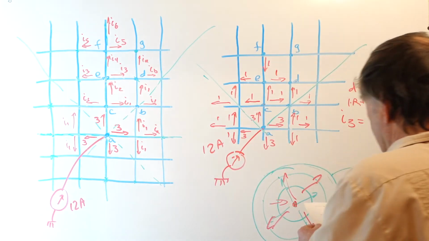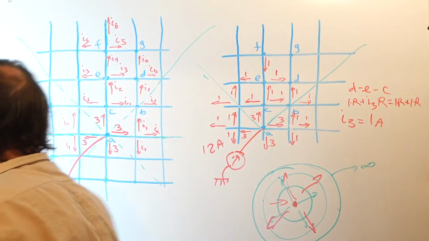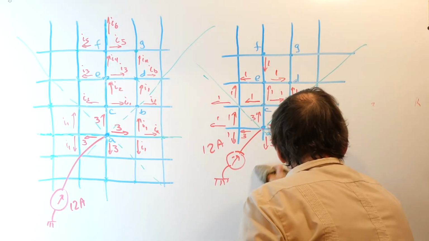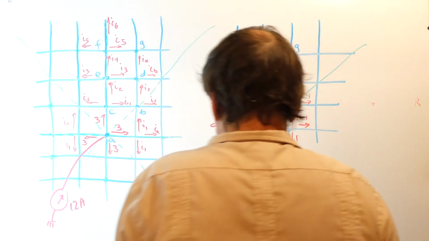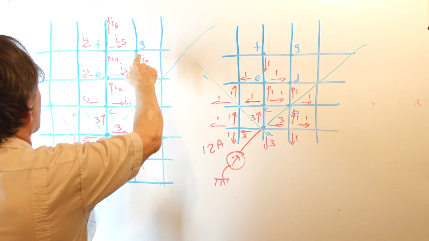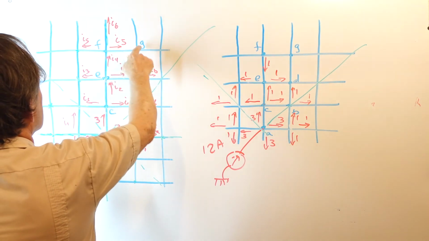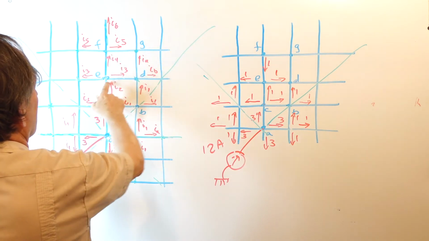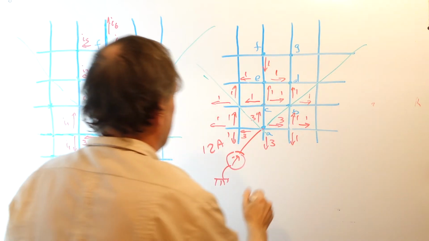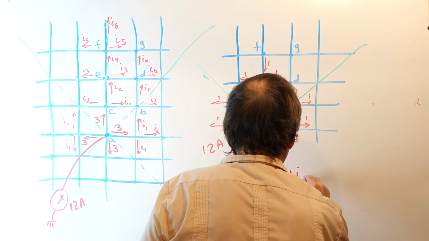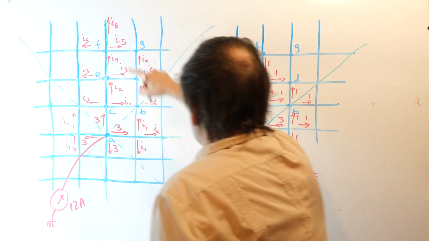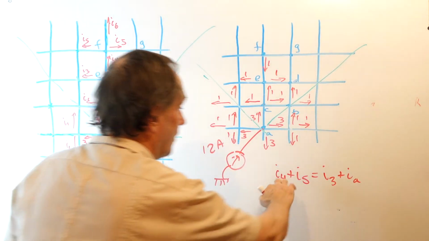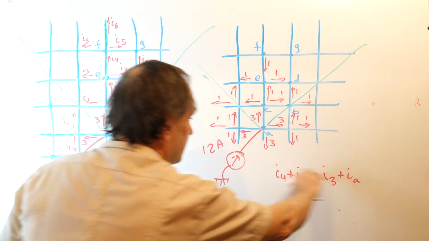Well, let's write an equation. Using Kirchhoff's voltage law from E, F, and G, we can write that I4 plus I5 is going to equal I3 plus IA. So we have I4 plus I5 is equal to I3 plus IA. Because the resistances are all equal, the resistances drop out of the voltage equation.